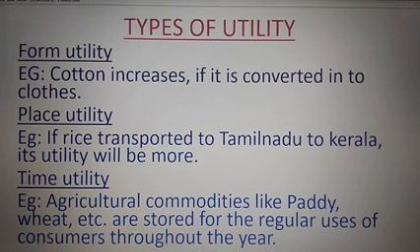If a commodity is stored for future usage, its utility may increase. For example, agricultural commodities like paddy, wheat, etc. are stored for the regular use of consumers throughout the year.